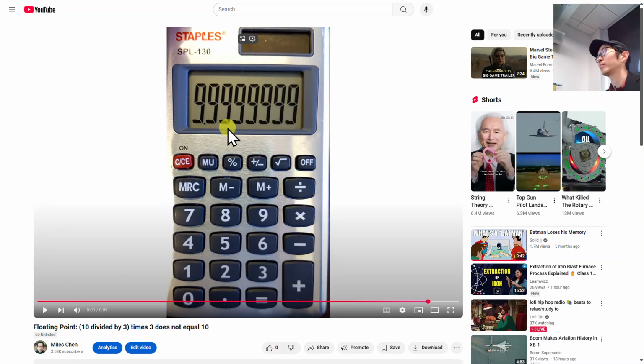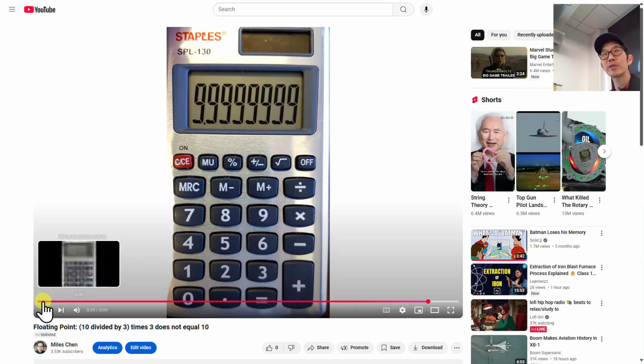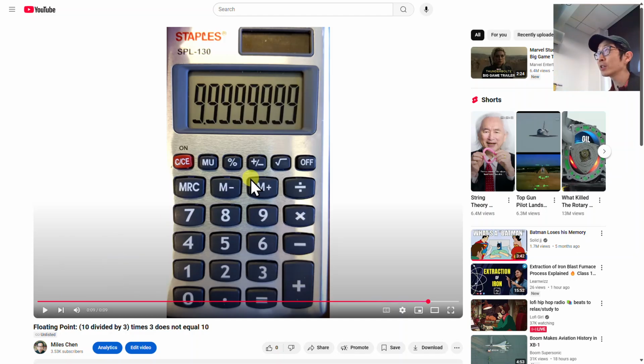This is nothing profound, yet it breaks a fundamental rule. With real numbers, you would do 10 divided by 3, get 3 1/3, multiply that by 3, and get 10. But here, I don't get back 10. I get something close to it, but it's 9.99999.